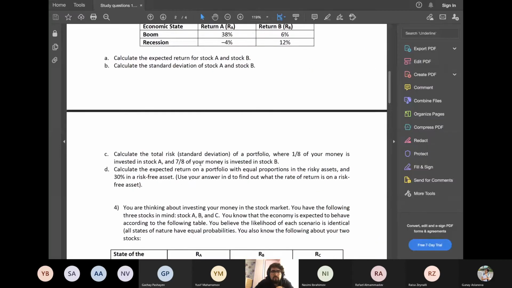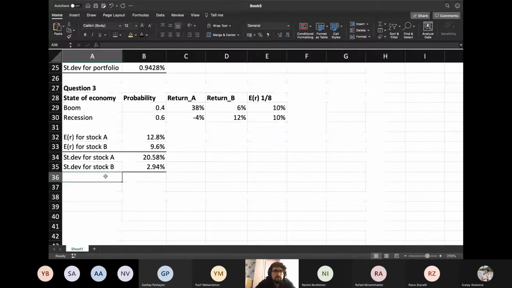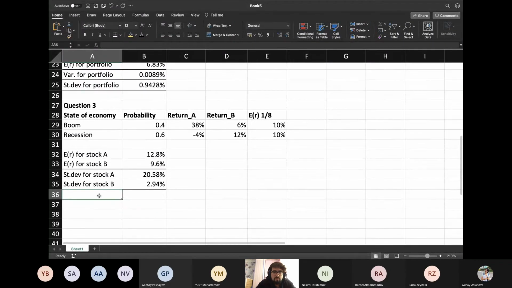What he is asking for is the total risk of the portfolio, the standard deviation for portfolio.